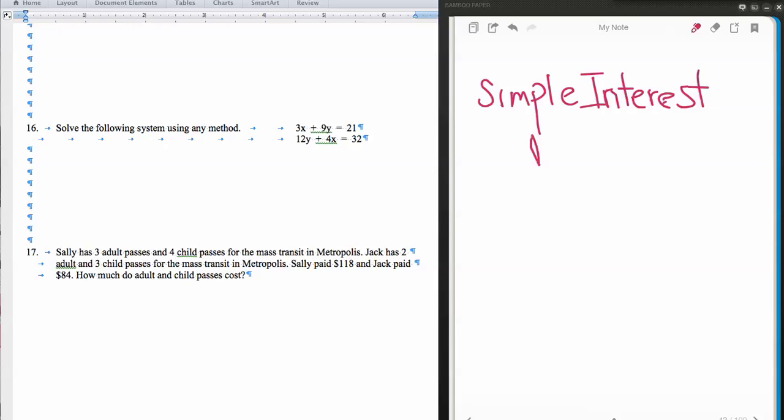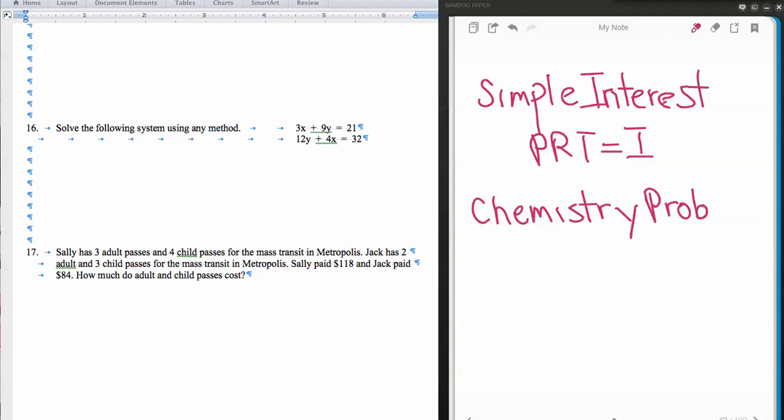So that looks like PRT equals I. And remember, we solve problems like that. And we also had chemistry problems, and we solved two equation, two unknown chemistry problems as well. I want you to be sure that you review those so that you can see how to do that.